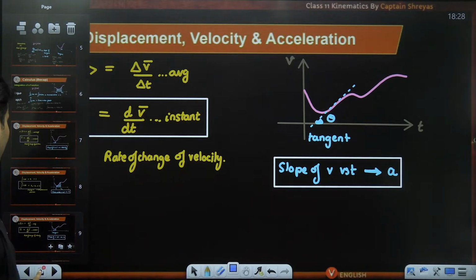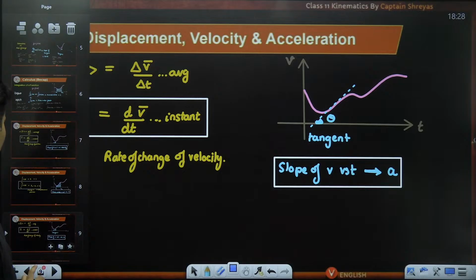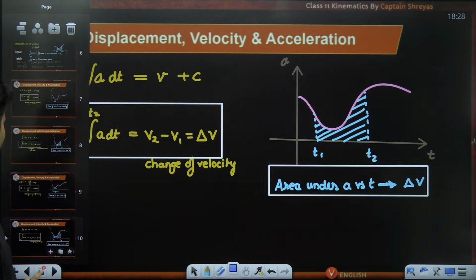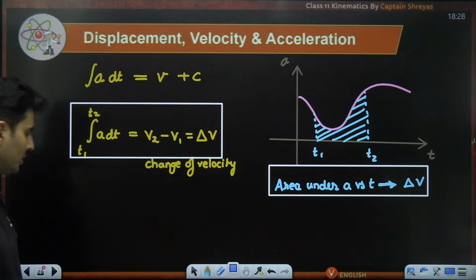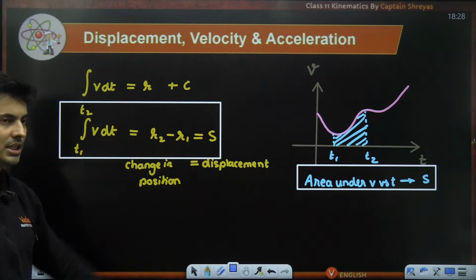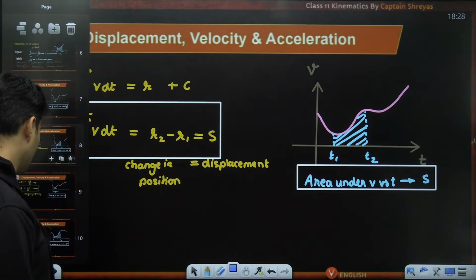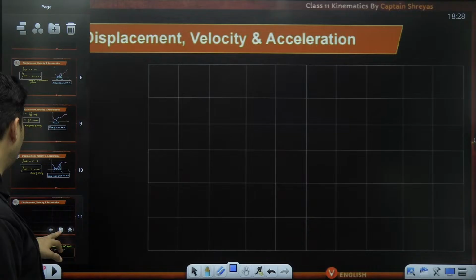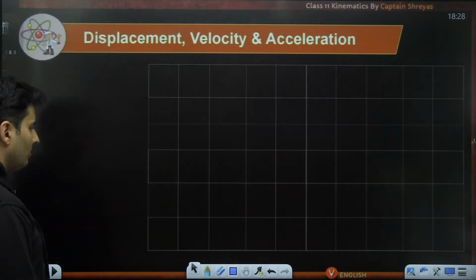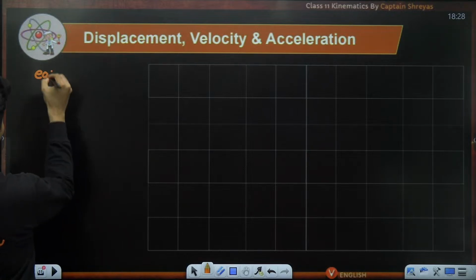In the same way, if you integrate acceleration, you will get change of velocity, and if you integrate velocity, you will get change in position. That's how it goes. That's most of the things you will need throughout the chapter. So maybe we can do some questions on this so that you get an idea.